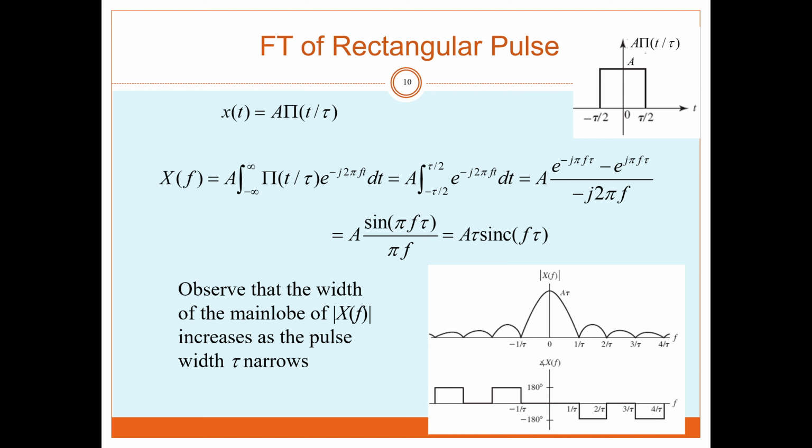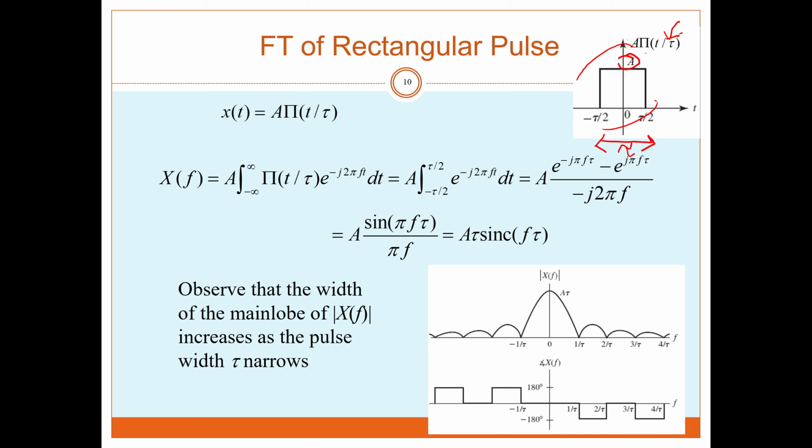Okay, let's say we have this rectangular pulse. Most of the examples, the easiest one we are using is the rectangular. Okay, so this is the rectangular. If you can see here, the amplitude is A, and the size of the rectangular is tau. So this is the size of the rectangular, tau.